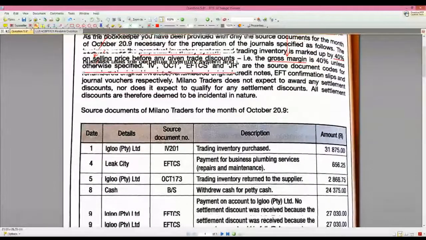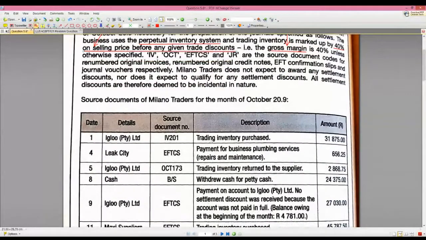So let's read the first few transactions and then we'll go capture them in our Excel file. On the first, Igloo, we purchased trading inventory. So where do we capture trading inventory we've purchased?